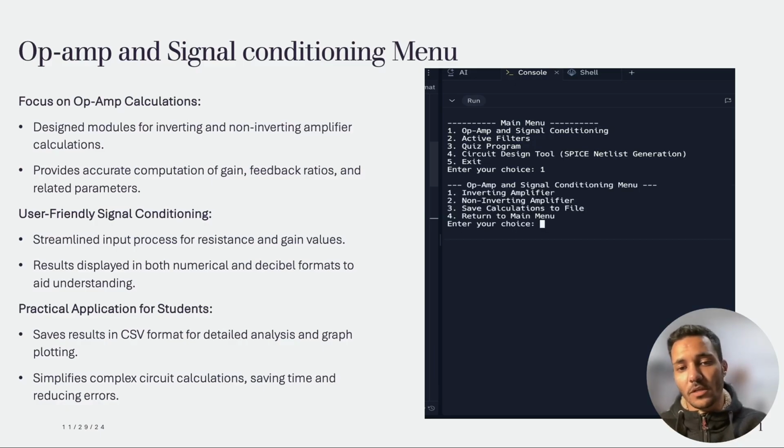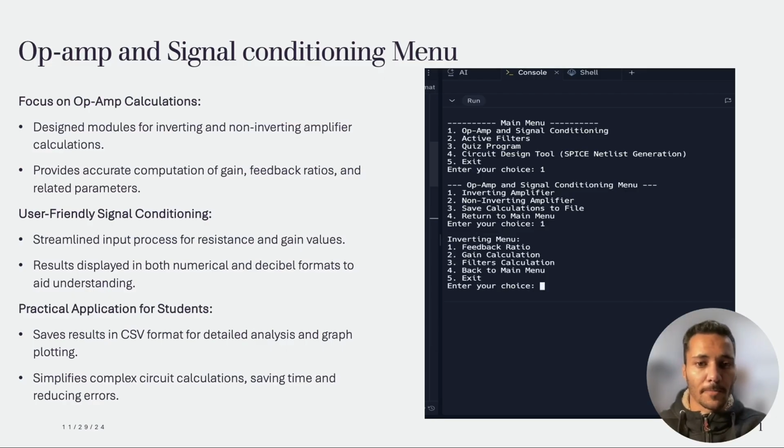So as you can see here, here's the main menu. From the main menu, I'll select the inverting option to calculate the important parameters for an inverting amplifier circuit. First, I will calculate the feedback ratio by entering the input resistance Rin and Rf.